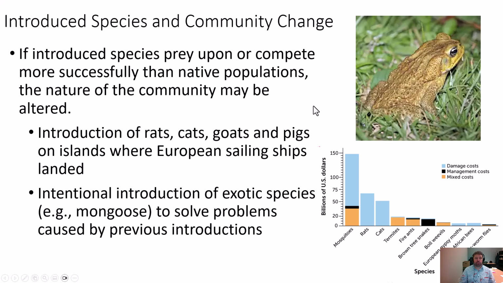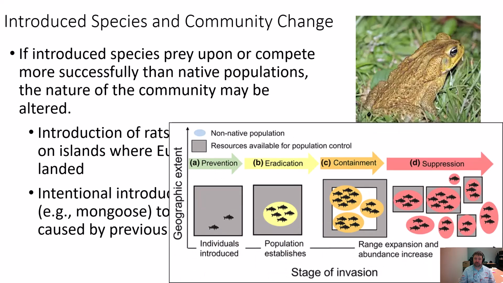So really, that brings me to the last topic I want to talk about, and that's how we go about potentially managing introduced species. Okay? And we'll talk about native and non-native species. We kind of talked about those before, but there are native species that we call aggressive natives.